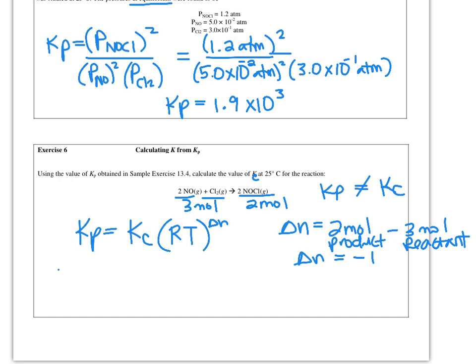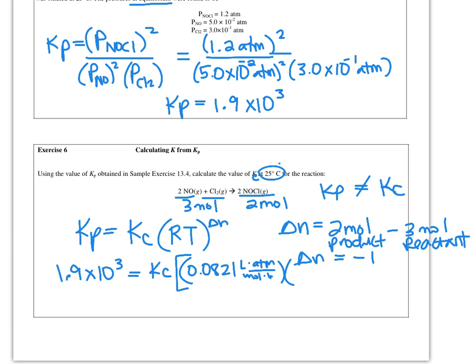So we know our Kp, we just found it, is 1.9 times 10 to the third equals Kc, we do not know, times RT. R is 0.0821 liters times atm over moles times Kelvin, right? And my temperature, I'm going to put brackets around that, is going to be 25 degrees, so that's 298 Kelvin.